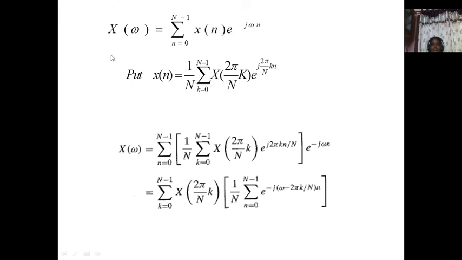Then X of omega equal to summation n equal to 0 to N minus 1 x of n e power minus j omega n. In place of omega we replace 2 pi by N into k. In place of x of n, we use what we just derived, x of n equal to 1 by N summation k equal to 0 to N minus 1.